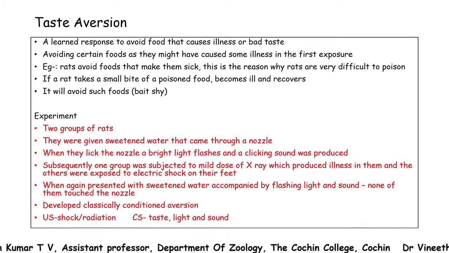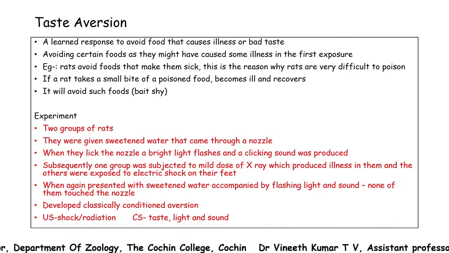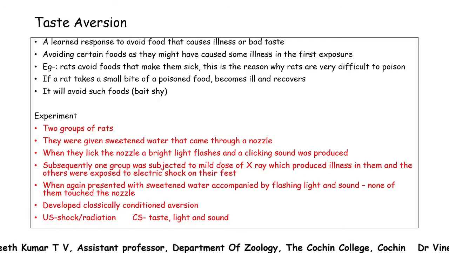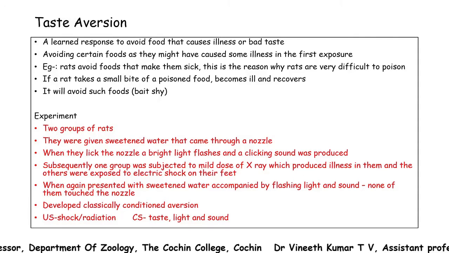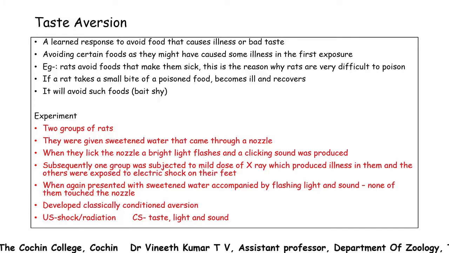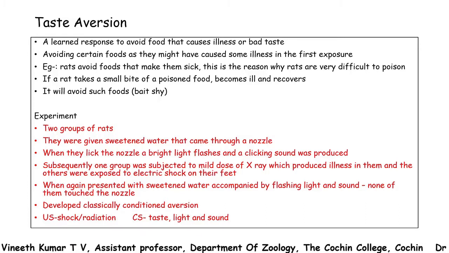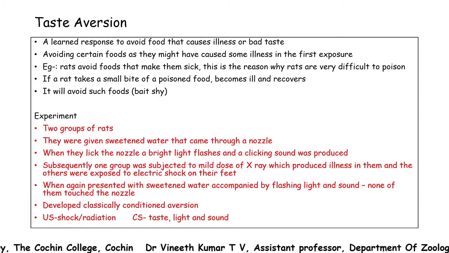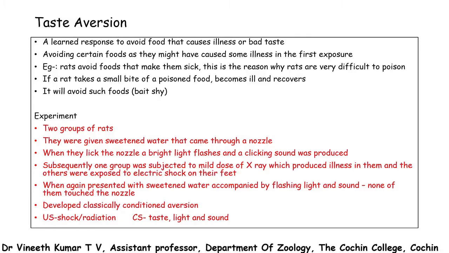So such bottles were placed into the cages, and what they did was, in the first group of rats, when a particular rat touches the nozzle, three things will happen at the same time.